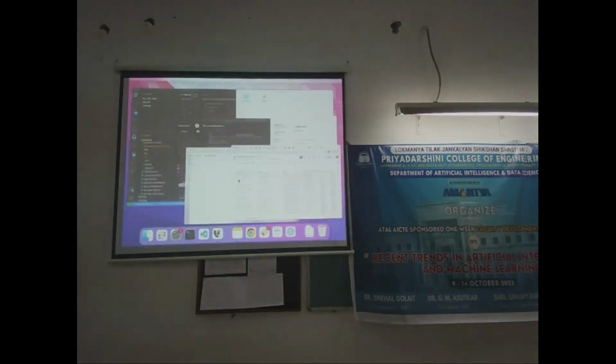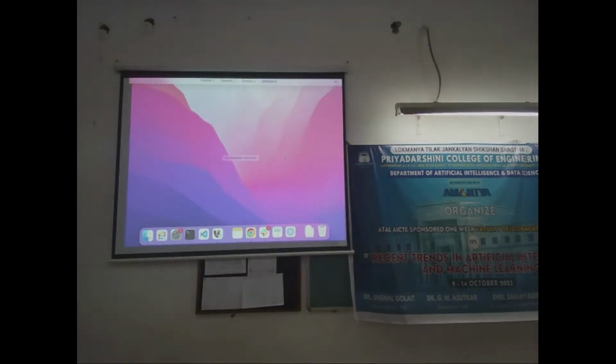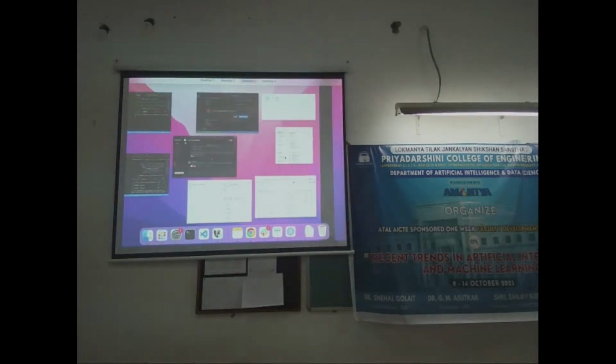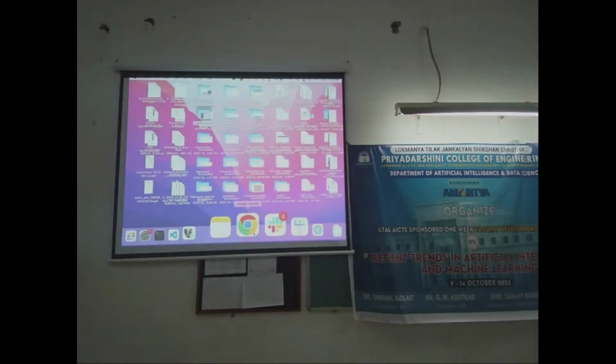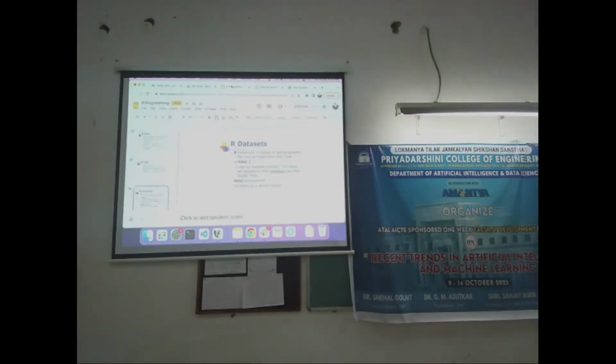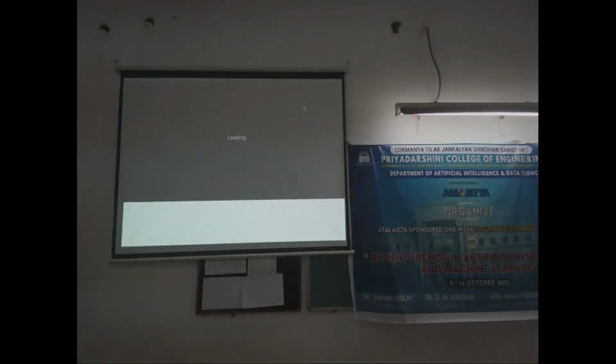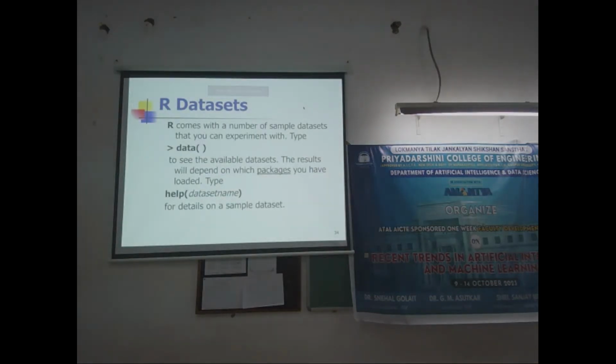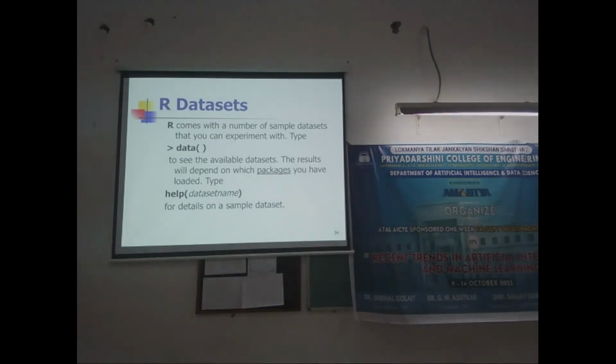So now, coming back to this. Again, in that data, you can go to help and try it with any data set name, which is going to explain what that data set is all about.